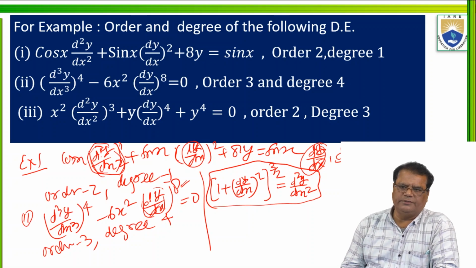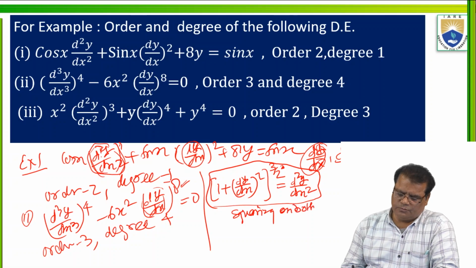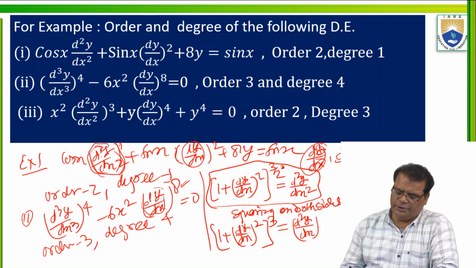This is a rational power, so we remove it by squaring on both sides. When we square on both sides, the equation converts to dy over dx whole square, this whole cube, equal to d2y over dx2 whole square.